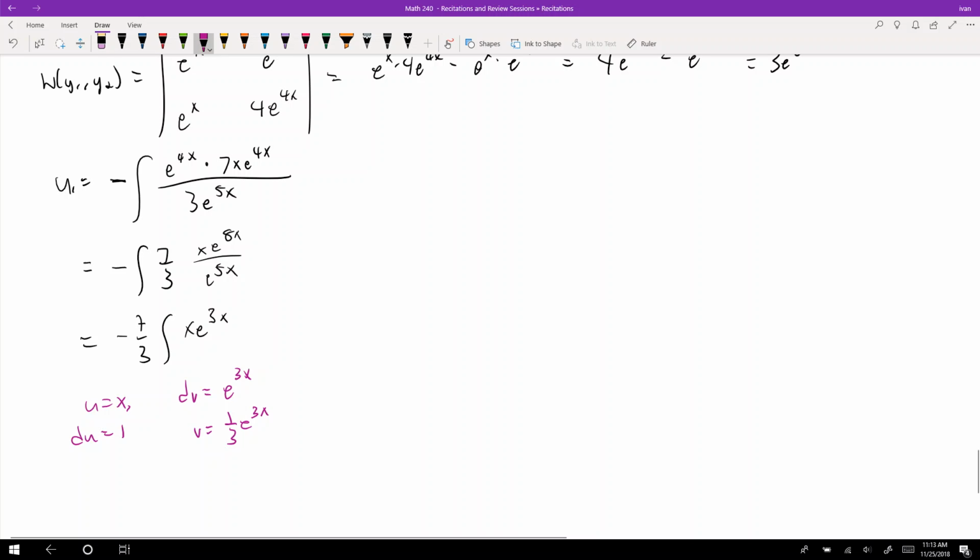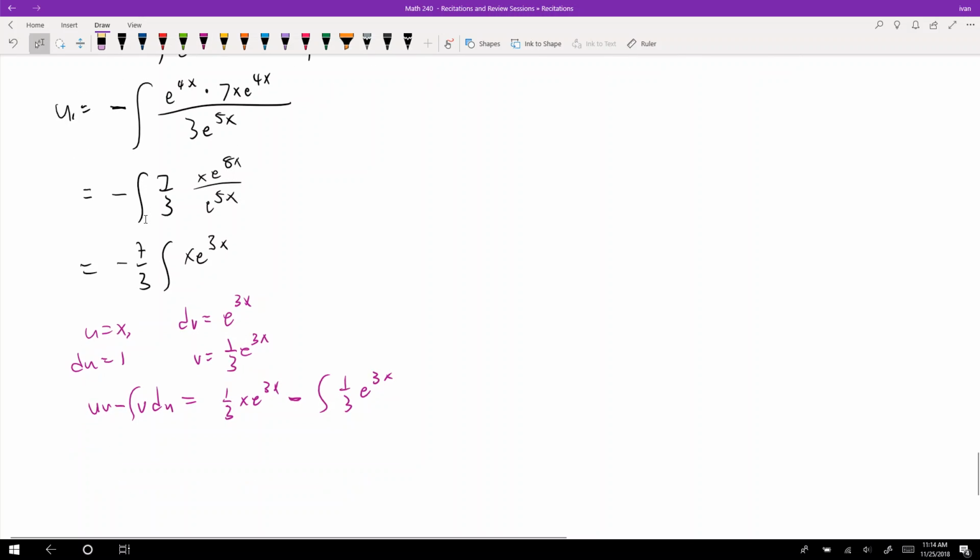And then the integral is equal to uv minus the integral of v du. So that's equal to 1/3 x e to the 3x minus the integral of v du, which is 1/3 e to the 3x. So now we see that this is just 1/3 x e to the 3x minus 1/9 e to the 3x. Okay, so that's the integral.